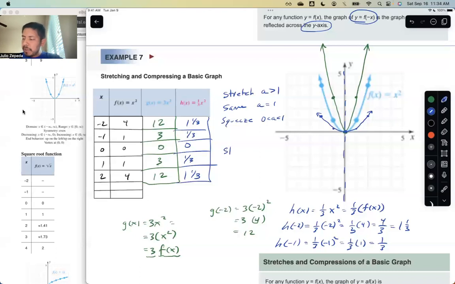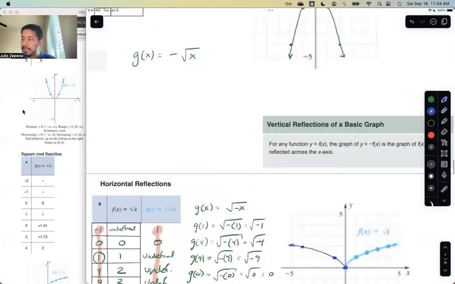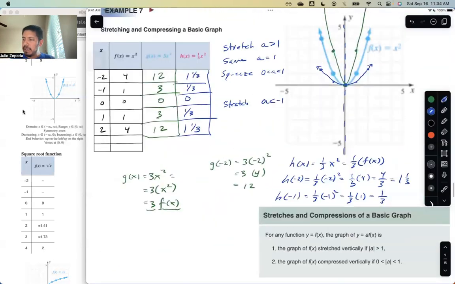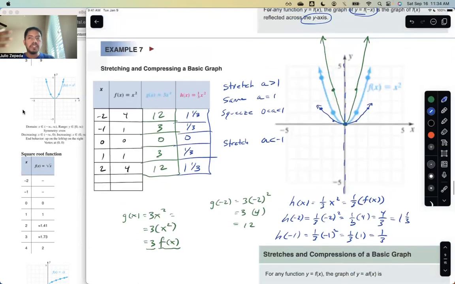We will also stretch if the value of a is less than -1, so like -2, -3, it would have stretched it, but it would have also flipped it, because we learned previously that a negative will flip it. So I didn't cover any negatives there, but the -3 will just stretch it by a factor of 3 and flip it.